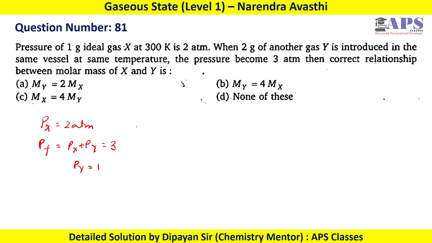So we can simply apply the PV equal to nRT concept in this case, because we have to achieve a relation between My and Mx.